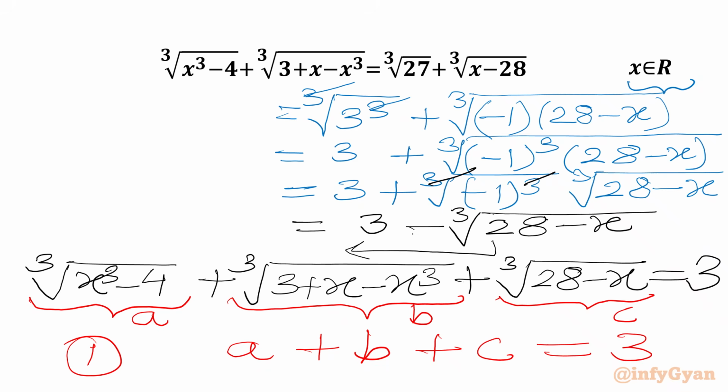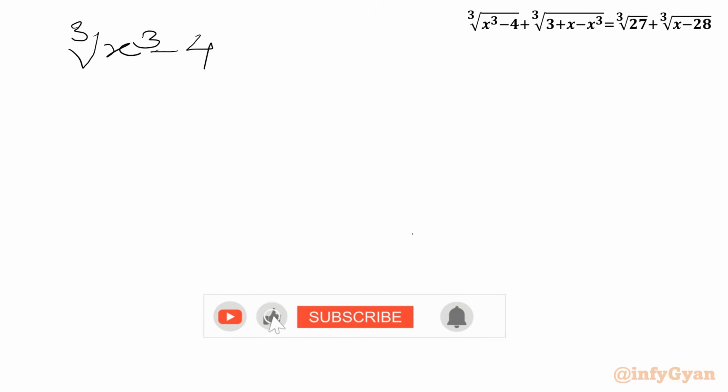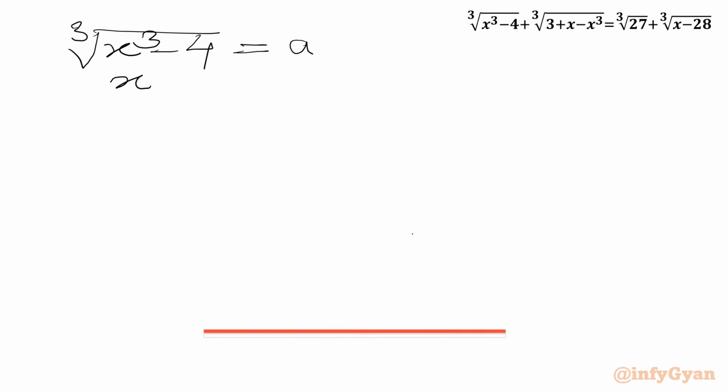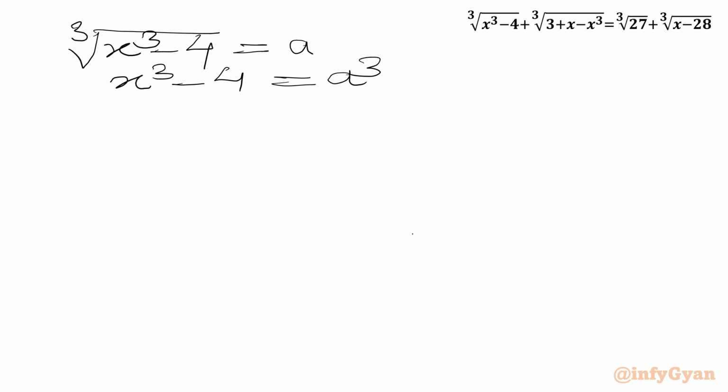Now if cube root of x cube minus 4 is equal to a, then after cubing both sides we can write a cube will be x cube minus 4. Similarly, this is b cube, radicand part only.